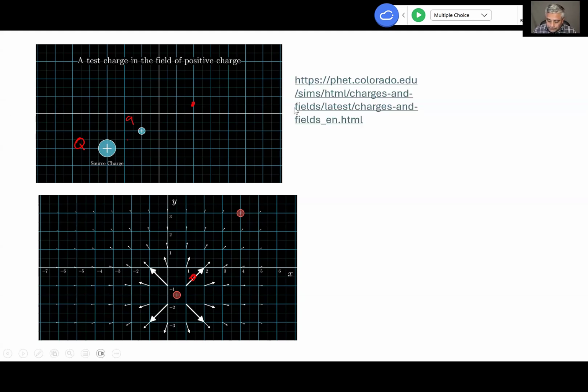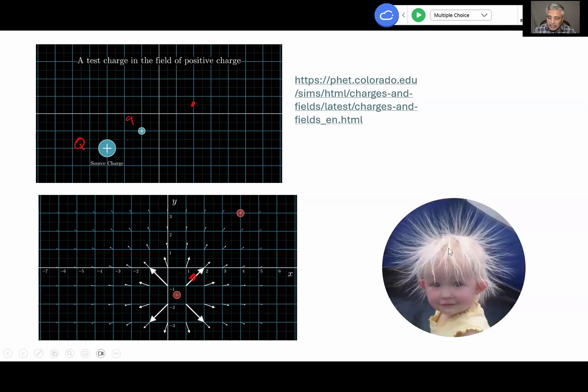So we looked at this picture last time as well. We said, okay, similar kind of charges, they are repelling each other. And because of that, the hair of this kid is rising like that. Or we can also say, okay, once we have this charge, what happens? There is this field and they are experiencing something like that.